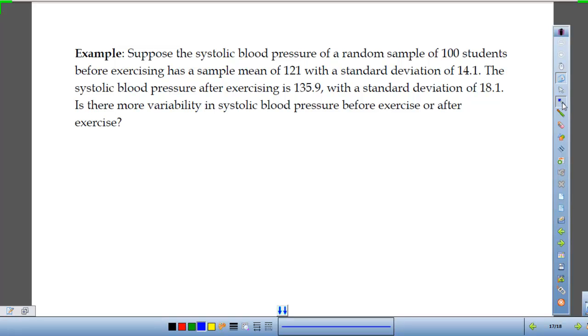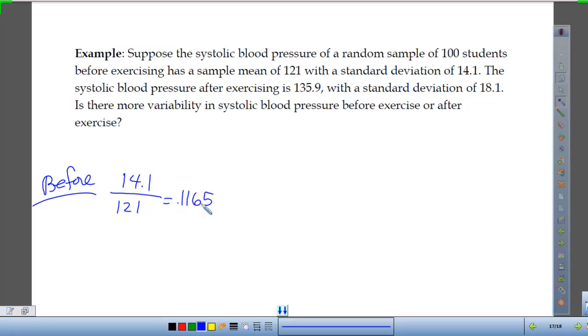So before exercise, we would do 14.1 divided by 121, which is 0.1165. Very good. And then after, we had 18.1 divided by 135.9.